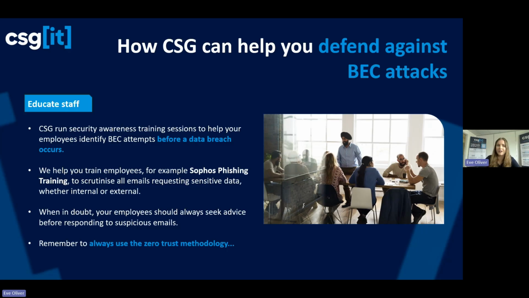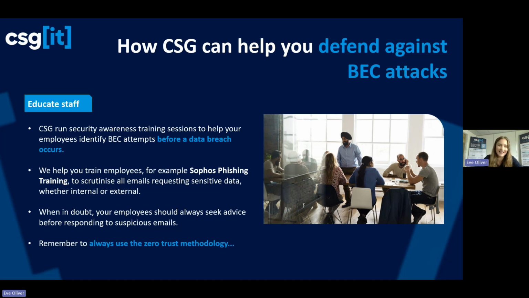So we run our awareness training sessions before the data breach occurs, which is the most important thing. You don't want to wait until after something occurs to get strengthened. And then we will do training exercises, including our Sophos phishing training, which is really, really great. Well, I say it's great fun. I find it fun.